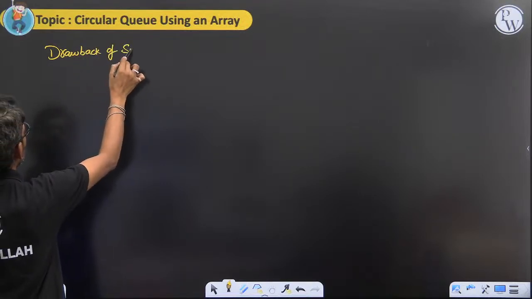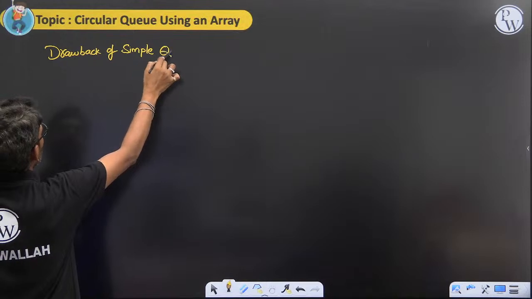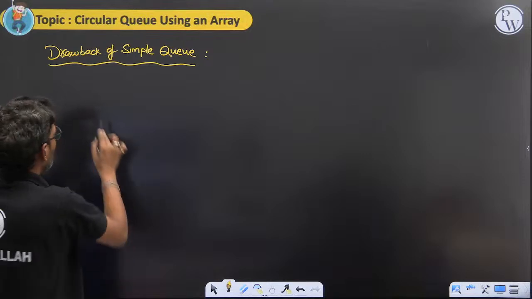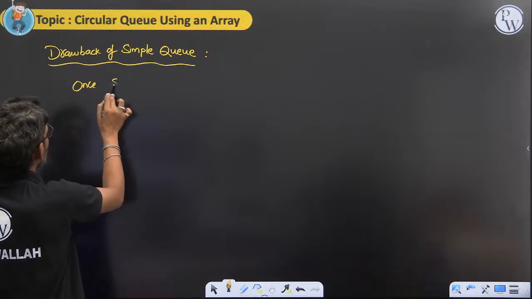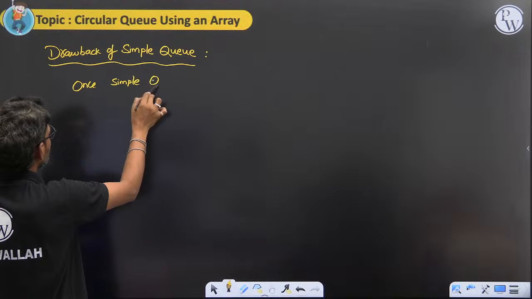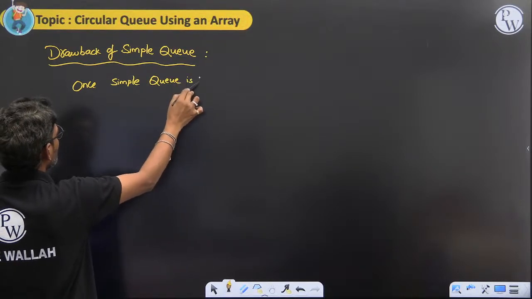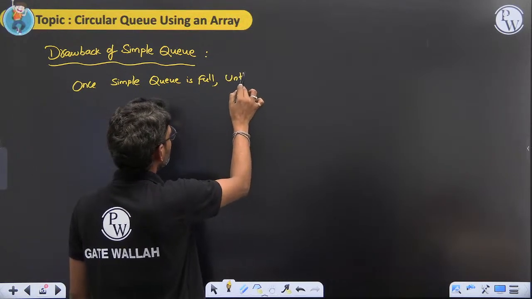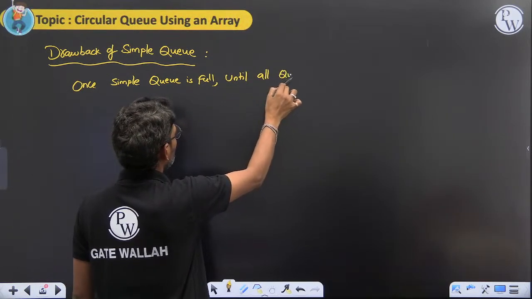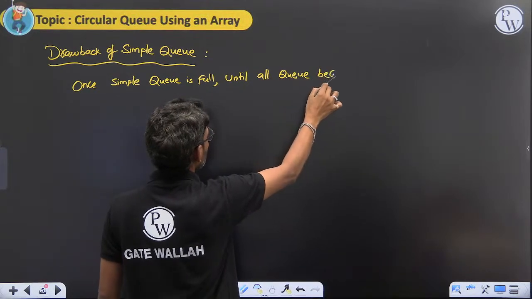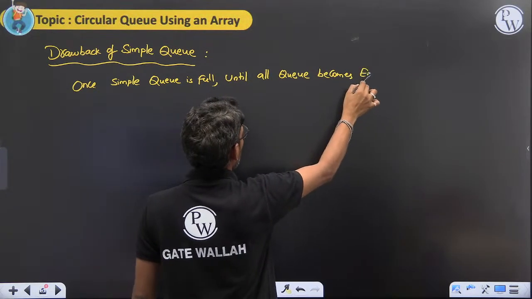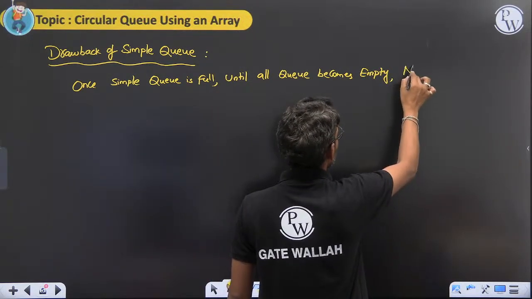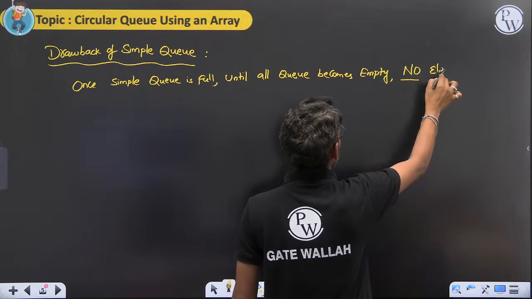The drawback of simple queue is that once the simple queue is full, until all the queue becomes empty, no further insertion, no element can be inserted.